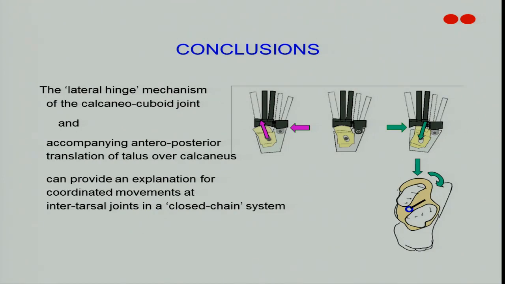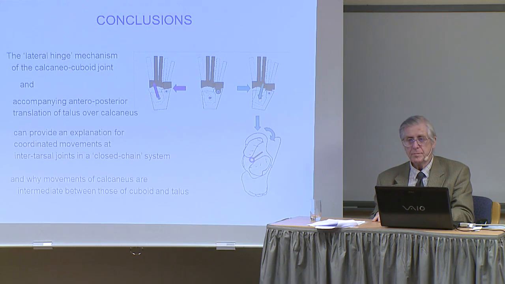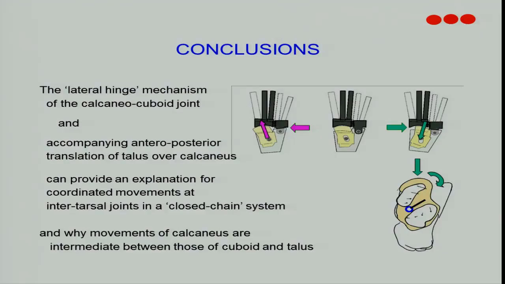And I suggest that the lateral hinge mechanism that I have described of the calcaneo-cuboid joint can explain the anterior-posterior translation of the talus over the calcaneus, and it can provide an explanation for the coordinated movements at these three joints in a closed chain system. It also explains why movements of the calcaneus are intermediate between those of the cuboid and the talus, and that it's a halfway house.